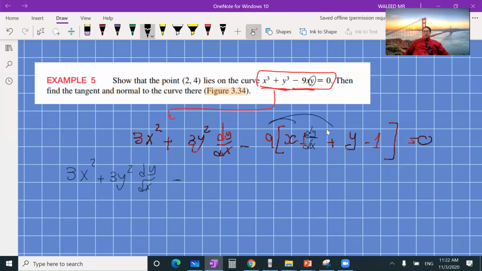minus distributive property, 9x dy over dx, plus, sorry, minus 9 times y equals 0. Please, all parts that contain dy over dx, keep yourself as you are.